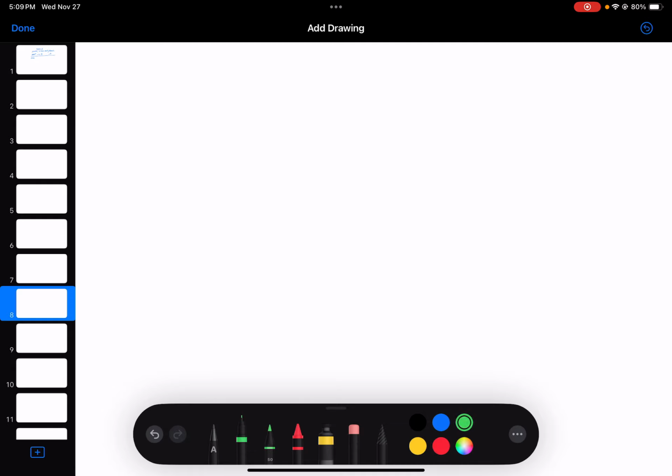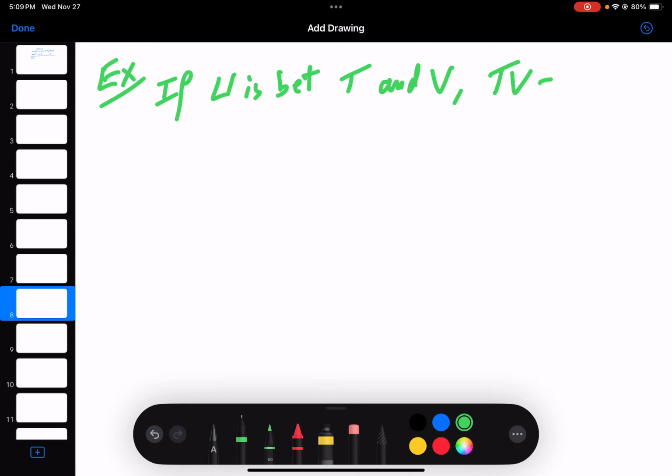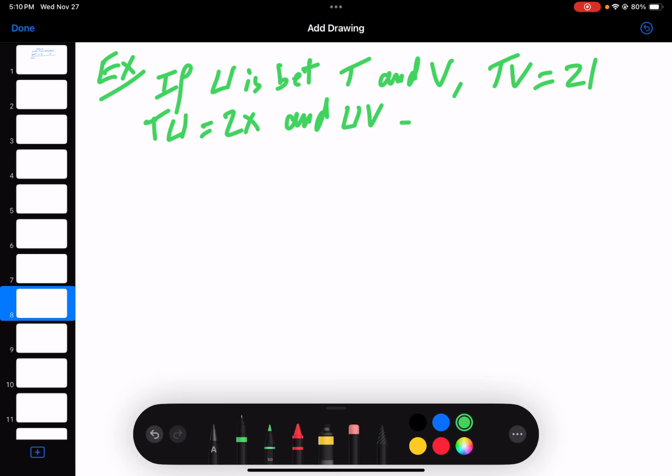All right. So another example. If U is between T and V, then TV is equal to 21, TU is equal to 2x, and UV is equal to 15.